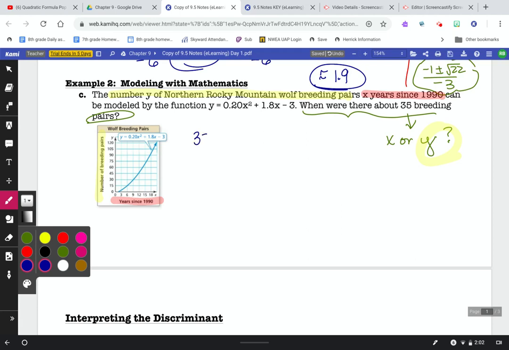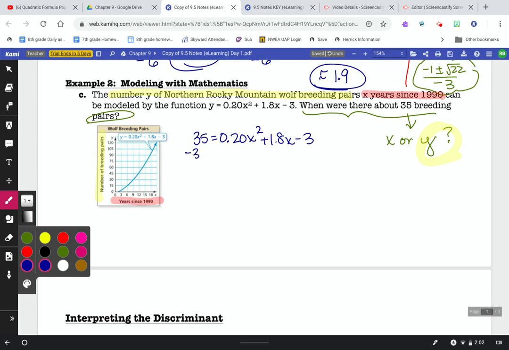So we have 35 is equal to 2/10, or 20/100, x squared plus 1 and 8/10 x minus 3. And to use the quadratic formula, you need to make your equation equal to 0.